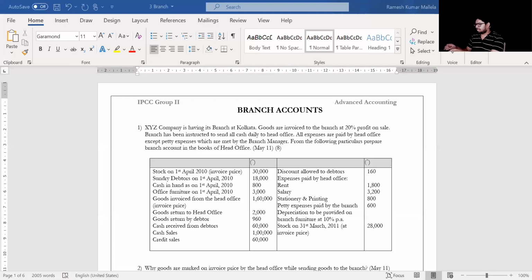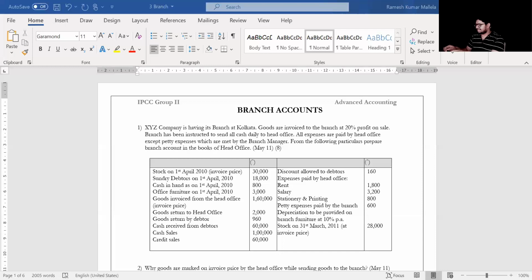Balance brought down from last year. What all items do I have? I have stock, which is 30,000. We will talk about the stock a little later, because there is something to do regarding the opening balance. Then we have debtors, which he says is 18,000. He has given the opening balance.